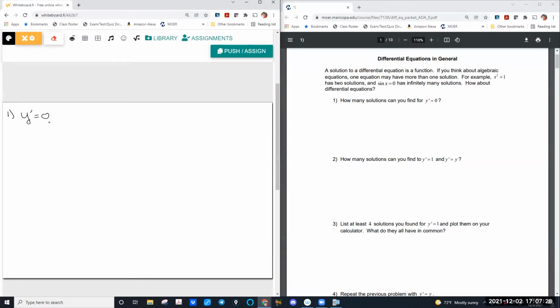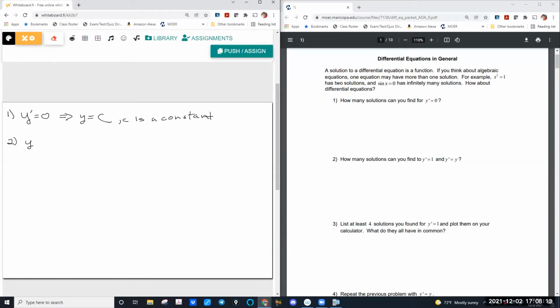Well, how many functions can you think of that have a derivative of 0? There's infinitely many, right? Because the solution to this would be y equals c, where c is a constant. So any constant has the derivative of 0.